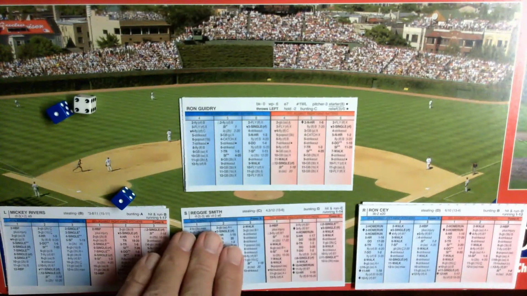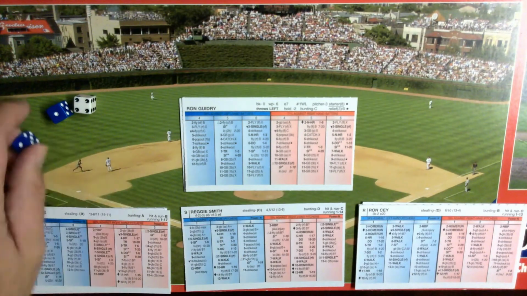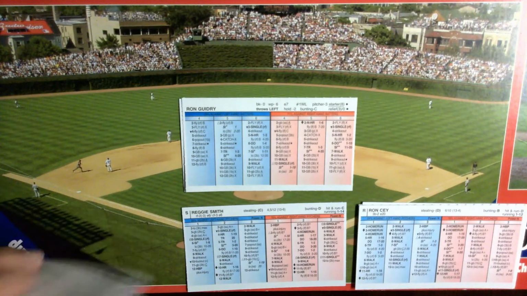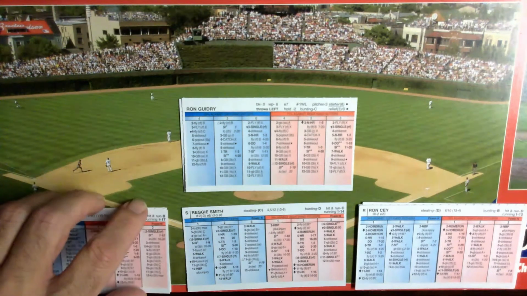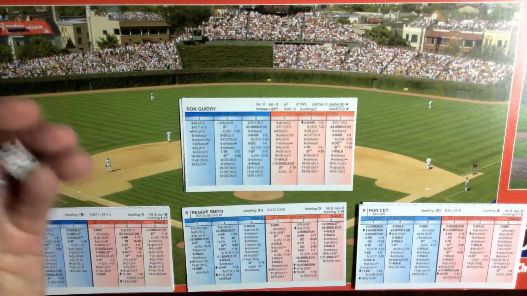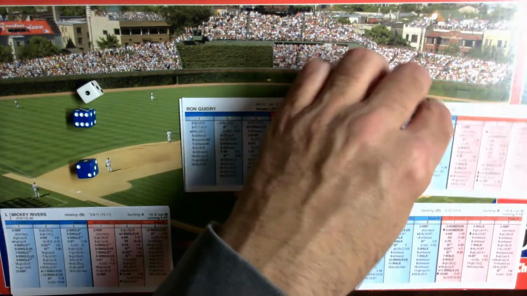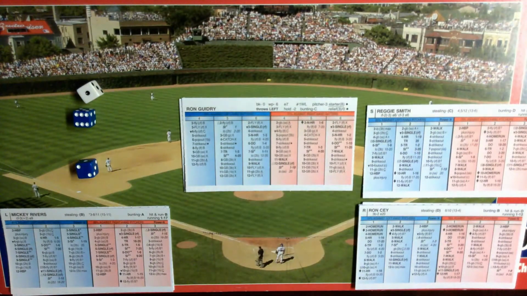The switch hitting left fielder or center fielder Reggie Smith is up next. Smith is 0 for 2 today, flyouts in the outfield in both of his previous plate appearances. And the pitch, it's a 1 and an 8 against a right-handed batter. A 1 and an 8 is a walk. So Smith gets a 2-out walk. That's the first walk issued by Guidry.